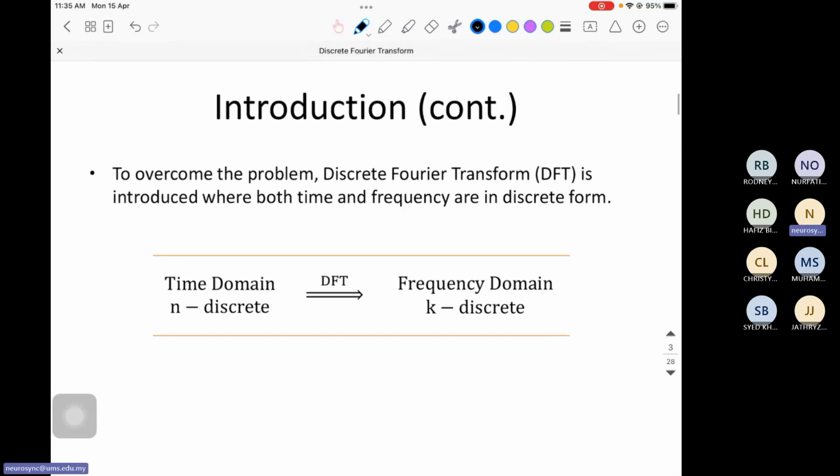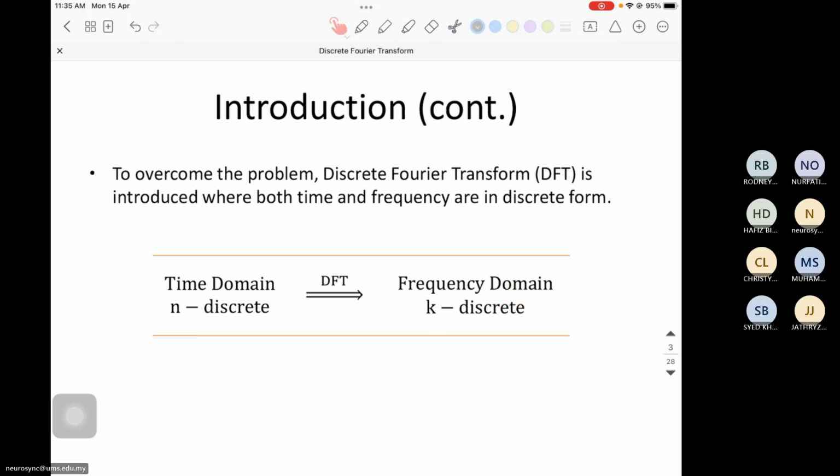So we can say that the DFT converts time domain discrete values into frequency domain discrete values. Here n is the integer, k is also the integer. K is used for the frequency domain.